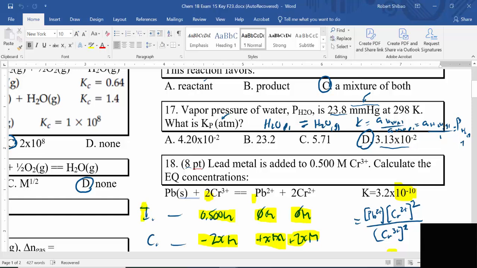Okay, 17. Vapor pressure of water is 23.8 millimeters mercury at 290 Kelvin. What is Kp? Okay, Kp is going to be based on what units we use here. In this case, atmospheres. If we use Kp in millimeters of mercury, we're done, because this is the equilibrium reaction here.